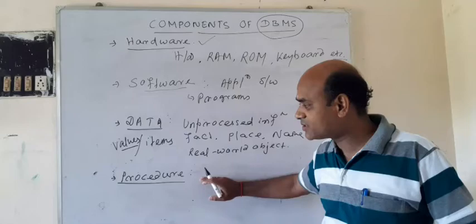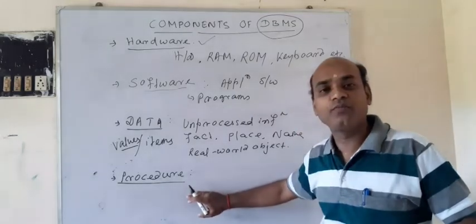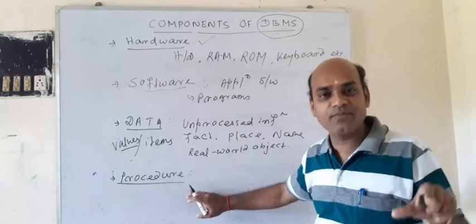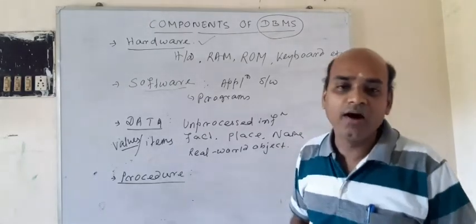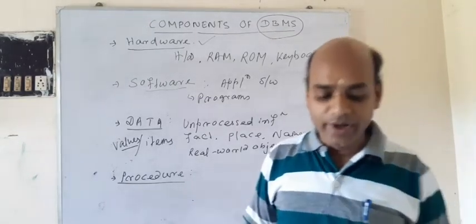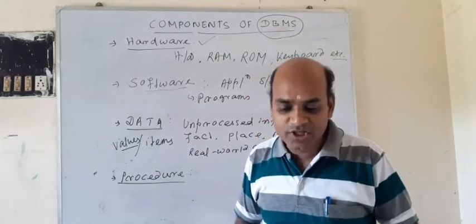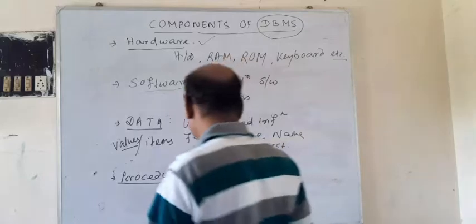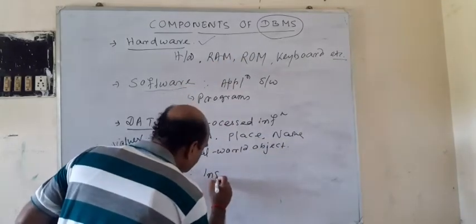So all these things require a procedure. Some systematic step-by-step procedure is also required to run a database management system successfully. So in general, these are the instructions to use DBMS. So this procedure is nothing but instructions.